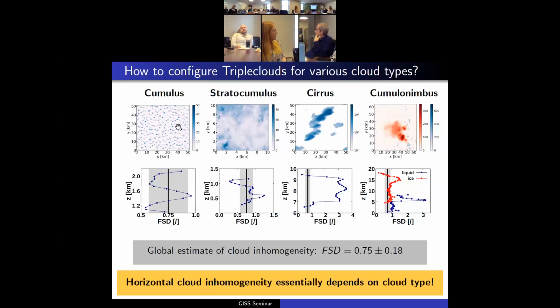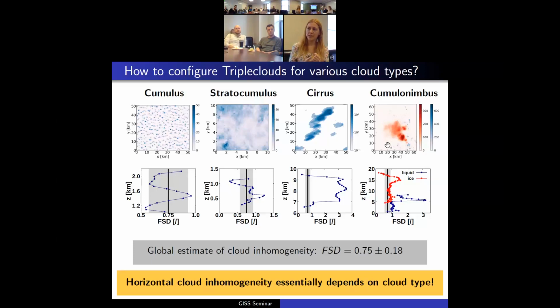the LES, UCLA LES, cumulus and stratocumulus. This cirrus series is generated with a stochastic cloud model called CloudGen of Hogan and Kew. So this is a bit different type of model, which allows for a quick generation of cirrus clouds. It's based on some radar measurements in England. And then this is actually the Goddard cumulus ensemble model, which produces cumulonimbus.